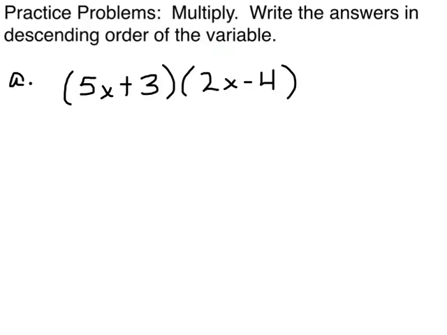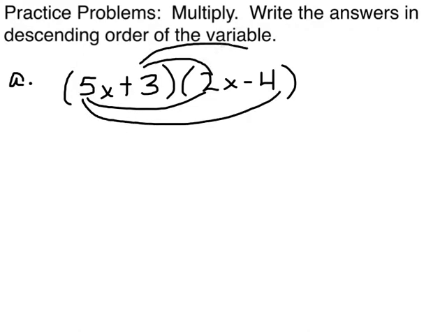Okay, let's work our practice problems. So we're going to multiply first times first, outer times outer, inner times inner, and last times last. So 5x times 2x is 10x squared.